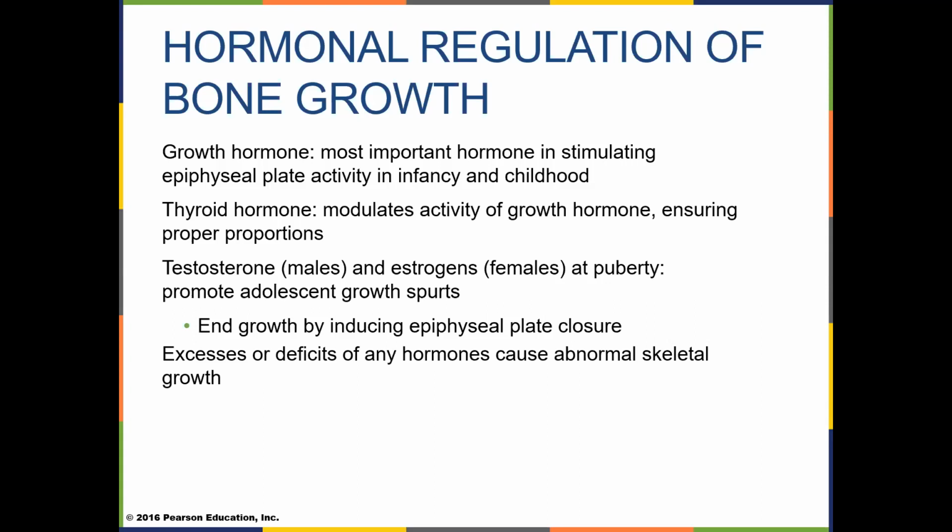And so that's why we see, at the onset of puberty, females grow quicker and reach their adult stature earlier than males. Males lag by several years, and then they reach their adult stature, and it's already determined by their genetics what their adult stature is going to be.